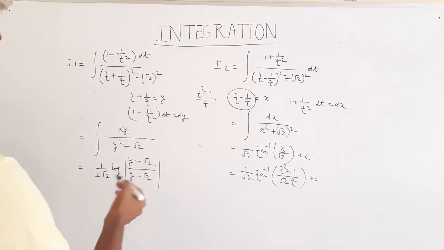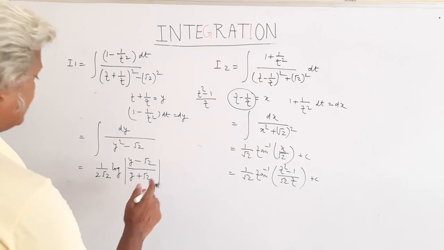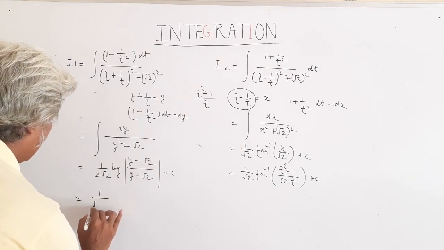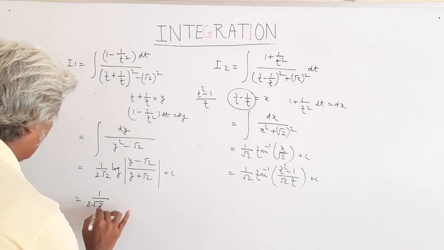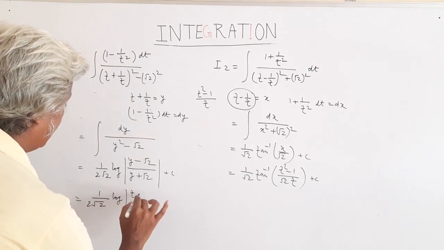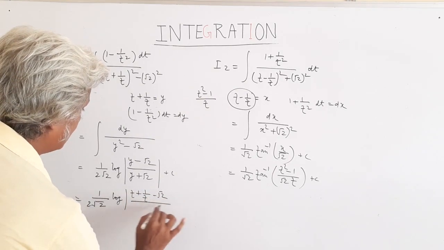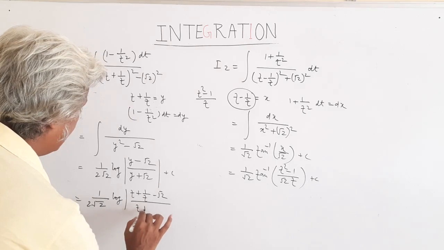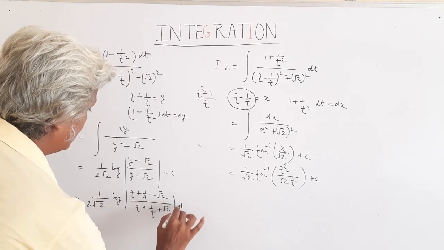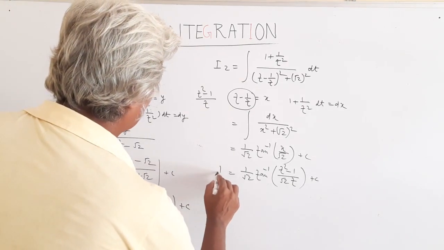So you can leave it as it is, or you can also write t square plus 1 over t, but I would like to leave it as it is. So here I get 1 over 2 root 2 log mod t plus 1 by t minus root 2 over t plus 1 by t plus root 2 plus c. So this is our I2.